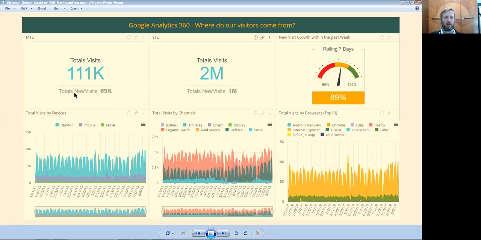So the month to date, we're at 111,000 in this month. 96,000 are new, which is an exponentially steep curve. Your total visits is 2 million, and it's a doubling up of your previous total visits.